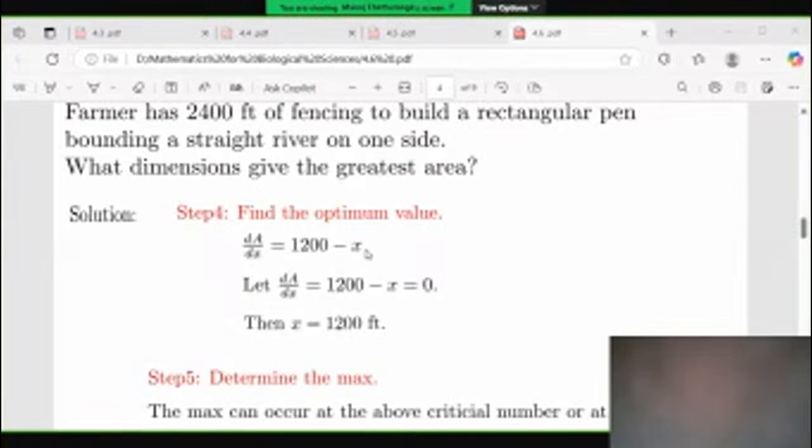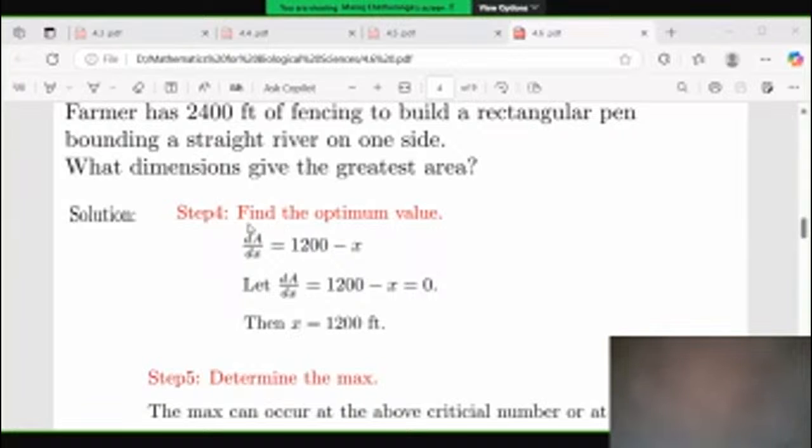That means the function is increasing. And after 1,200, the derivative is negative. That means the function is decreasing. So up to 1,200, the function is increasing and hits a local extreme, then it decreases. Increasing, flat, decreasing means a maximum. This is a local maximum for the function.